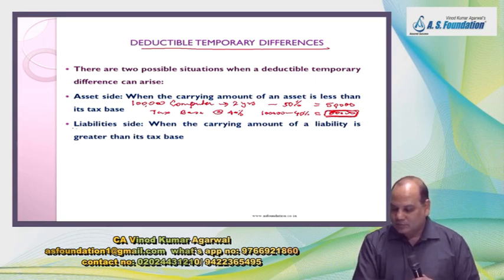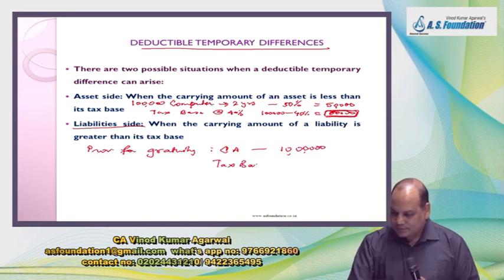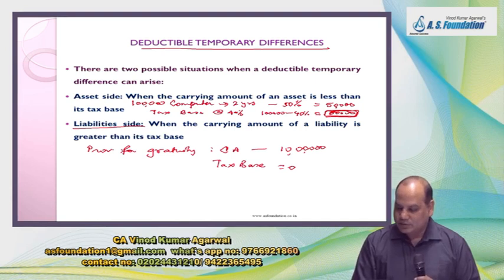Liability side. Many examples are there on the liability side. Carrying amount of the liability is greater than the tax base. For example, provision for gratuity. Carrying amount in the books is 10 lakh, 1 million. But tax base is 0, because it will be allowed in future on a payment basis.